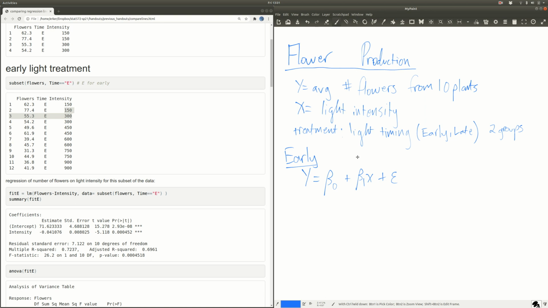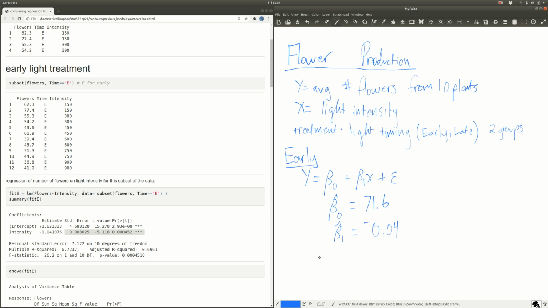Okay, this is our model for the early light, and we get estimates for the intercept. So this would be here. This is 71.6, and beta 1 hat, our estimate for the slope, or the relationship between how number of flowers changes with a 1 unit change in light intensity, is pretty small, negative 0.04.